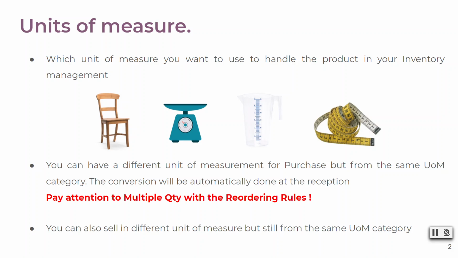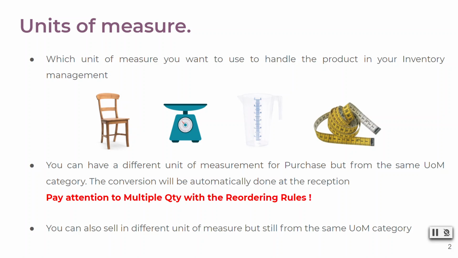Then you can decide if you purchase your product in a different unit of measure, but this unit needs to be in the same category. When you receive the product, the conversion will be done automatically to be aligned with the unit of measure you have decided for your product to handle your inventory management.